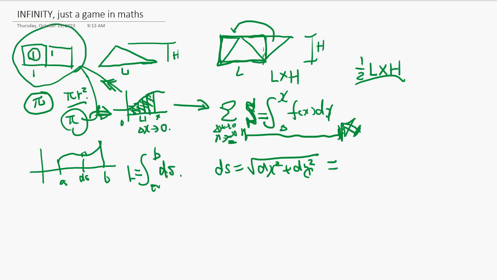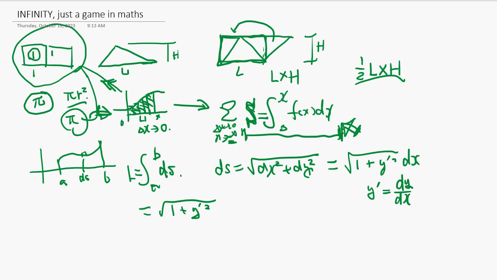And if you want, you can make it like the square root of 1 plus (dy/dx) squared, because the derivative of y is dy/dx, right? So this becomes the integral from a to b of the square root of 1 plus y prime squared, dx.